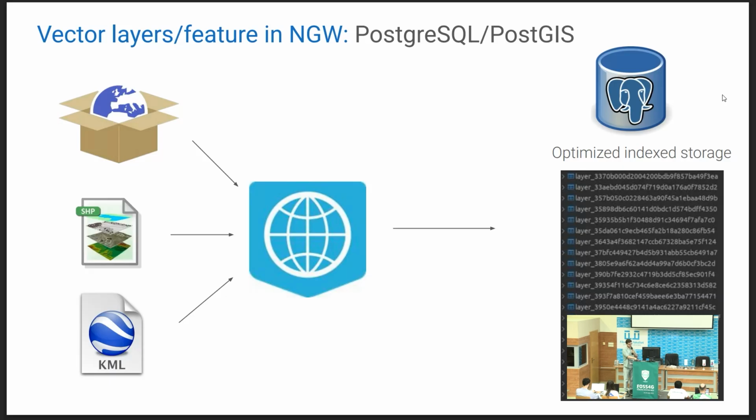A couple of words. I have another 5 minutes, so I will talk a little bit about what's inside. We use PostGIS as a way to store vector layer features in NextGIS Web. Whatever you upload to NextGIS Web is stored as a table in internal optimized indexed storage.